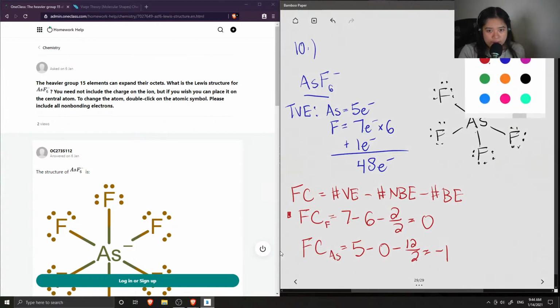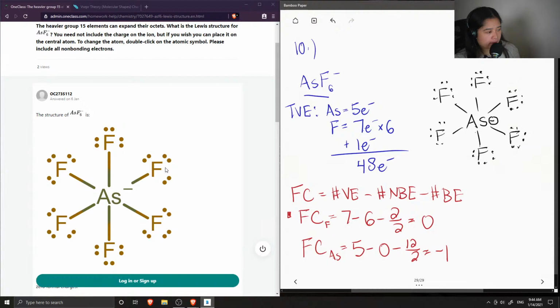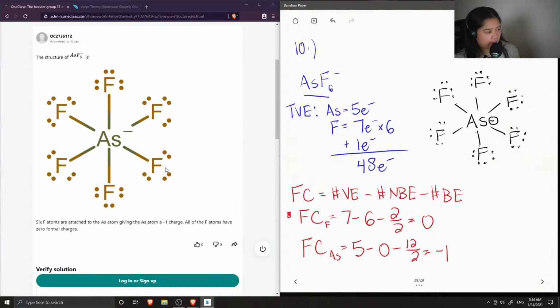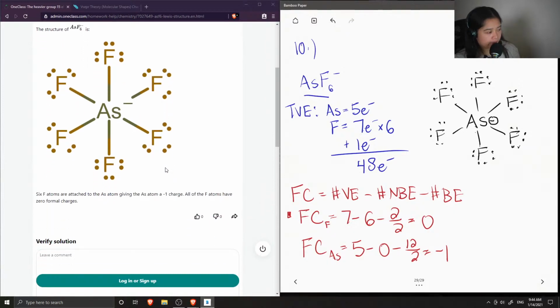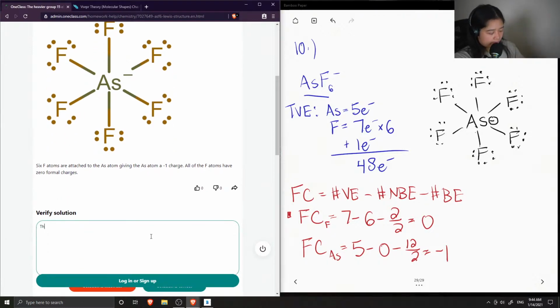This is why we need to draw the negative charge on our central atom. Now let's see what the junior tutor said. They have the same structure, and the arsenic has the negative charge. So this solution is correct.